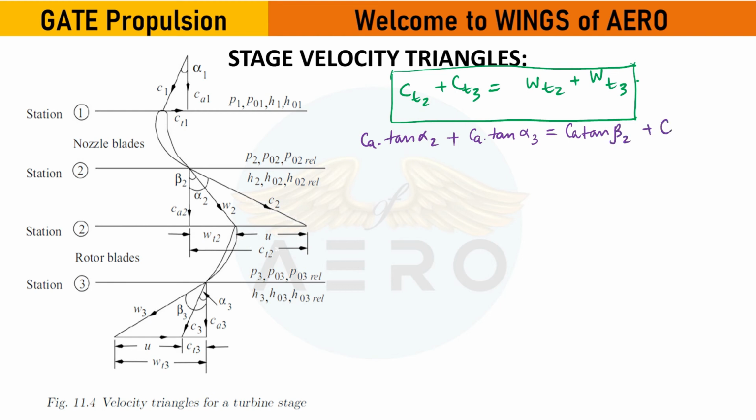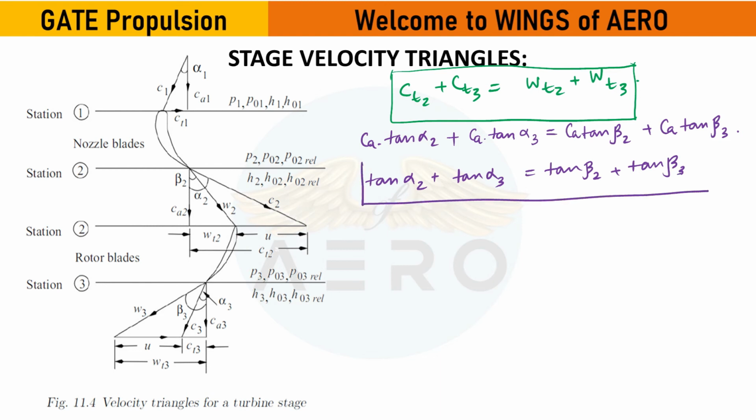Then this one became tan beta 3, right? Now if I take CA common, what will I get? Tan alpha 2 plus tan alpha 3 equals tan beta 2 plus tan beta 3.